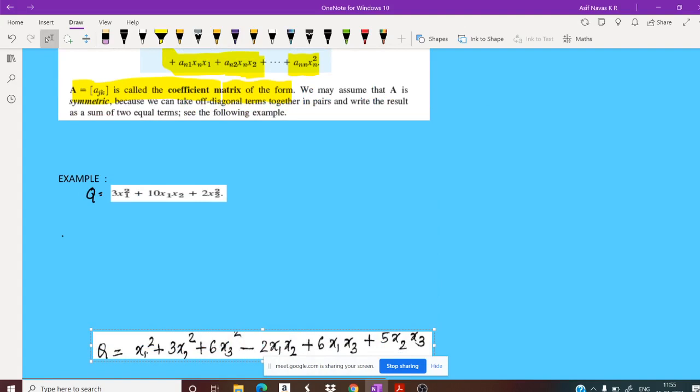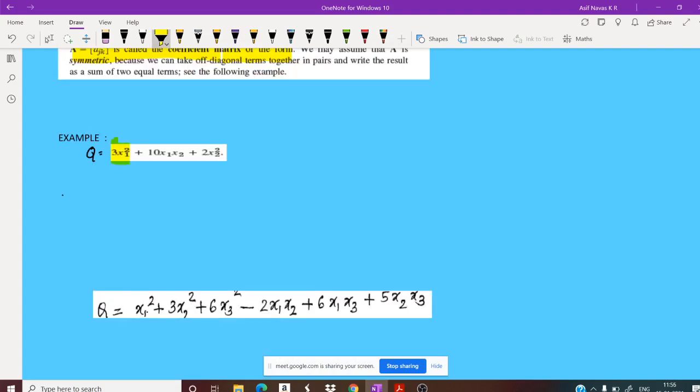So let me give you an example. Q equal to 3 x1 square plus 10 x1 x2 plus 2 x2 square. How to write this in the form x transpose Ax?